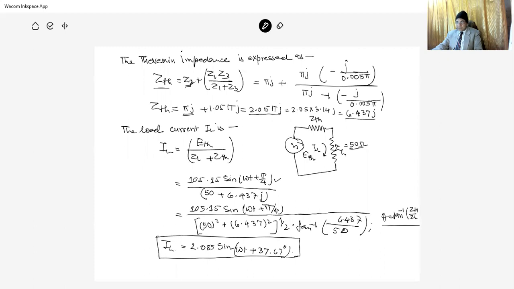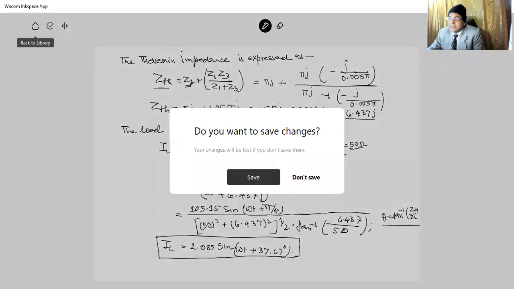So IL is equal to 2.085 sine omega t plus 37.67 degree.